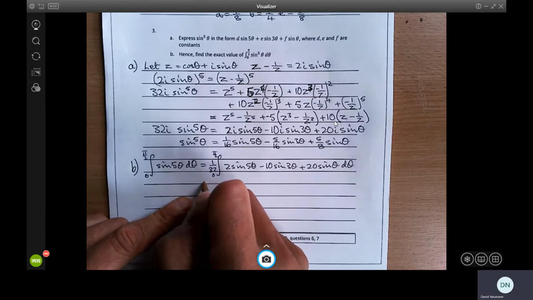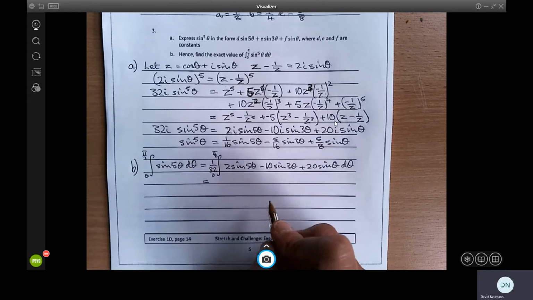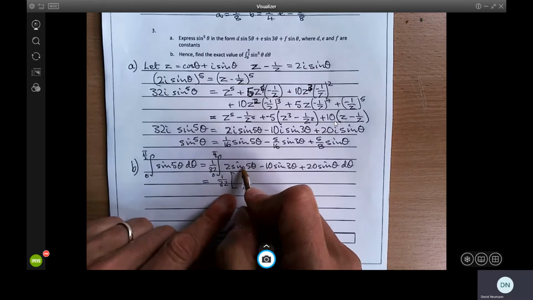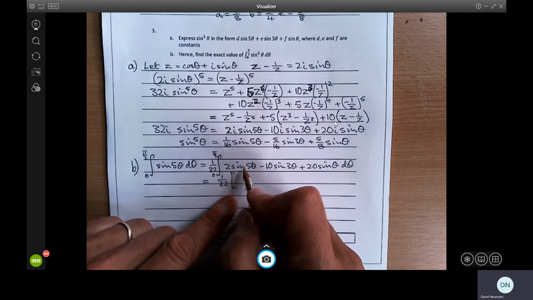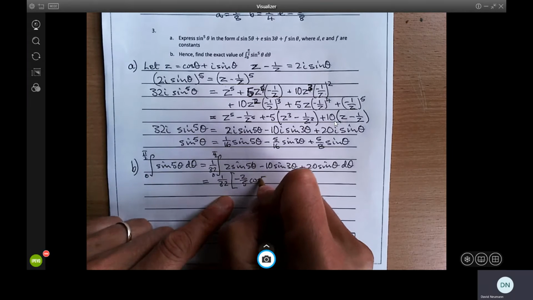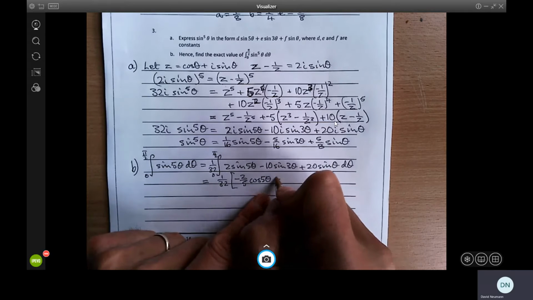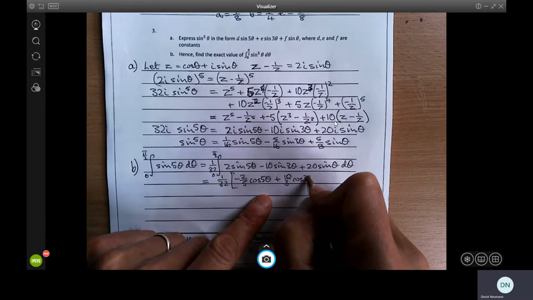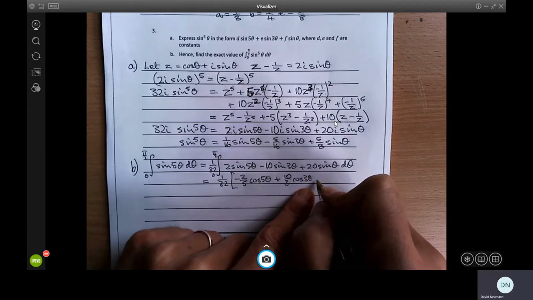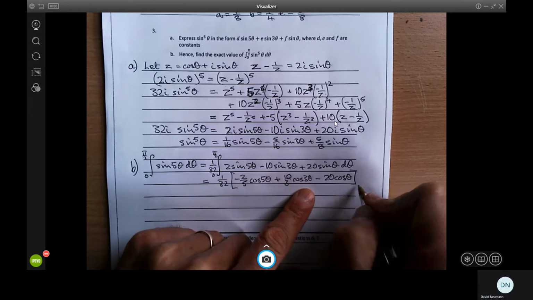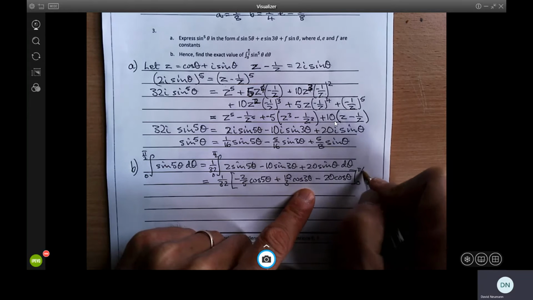and that is equal to 1 over 32 times, integrate sine of 5 theta, we're going to get minus cos of 5 theta, and then divide by 5, so minus 2 over 5 cos 5 theta plus 10 over 3 cos of 3 theta minus 20 cos of theta, from 0 to pi over 2.